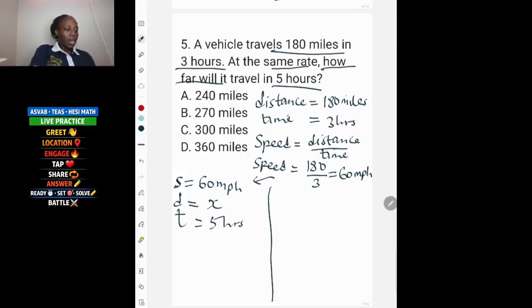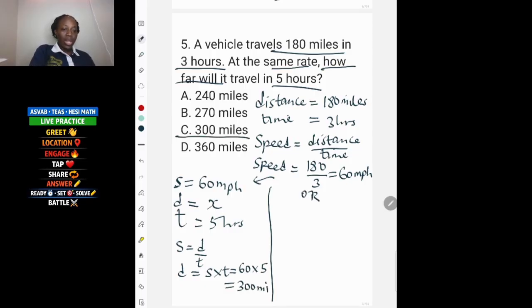So we can use speed is distance over time. Then distance is speed times time, which will be 60 times 5. And our answer will be 300 miles, which is C.